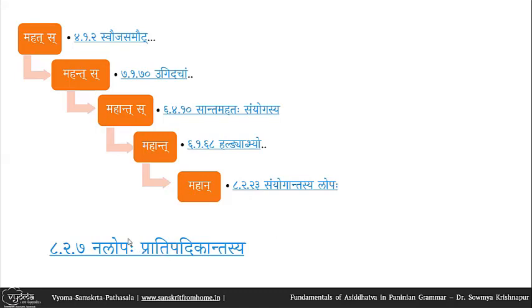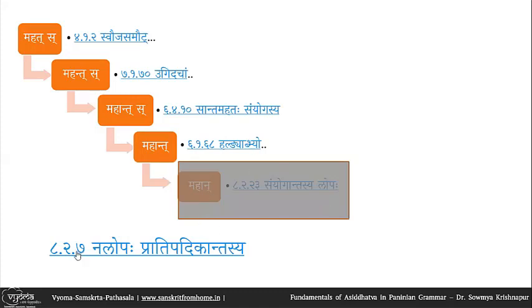Now we see the position. Nalopah pratipadikantasya is 8.2.7, whereas sanyogantasya lopaha is 8.2.23. Both of them are in the Tripadi. Tripadyam purvam prati param shastram asiddham syat. So since 8.2.7 is an earlier sutra, the later sutra sanyogantasya lopaha is asiddha.